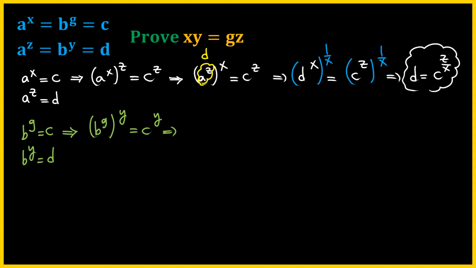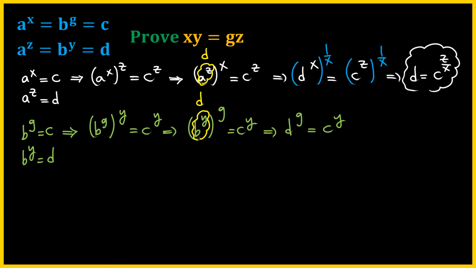Then again, I'm going to rewrite the left-hand side as b to the y raised to g equals c to the power of y. Again, by using this equation, we can say b to the y is the same thing as d, so we should get d to the power of g equals c to the power of y.